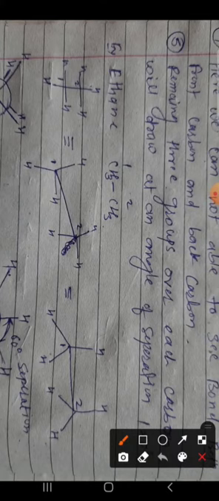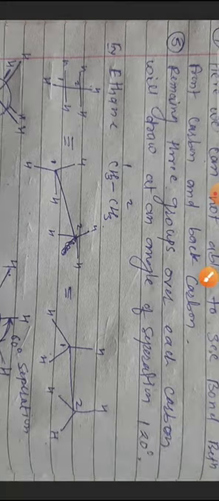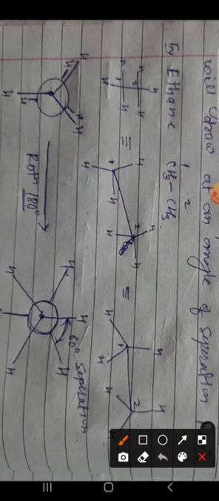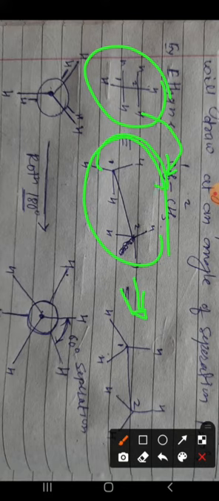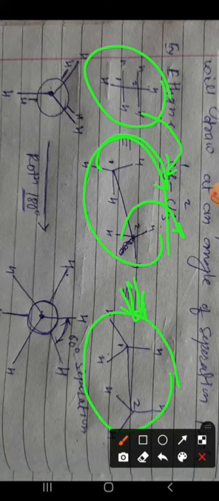Look here. We already discussed Sawhorse projection. Okay, this is our Fischer projection. Here we convert this Fischer to Sawhorse. So Sawhorse can be drawn like this also and like this also. These both structures are the same. If I rotate this molecule by 180 degrees, the complete body of the molecule rotated by 180 degrees gives this Sawhorse structure.